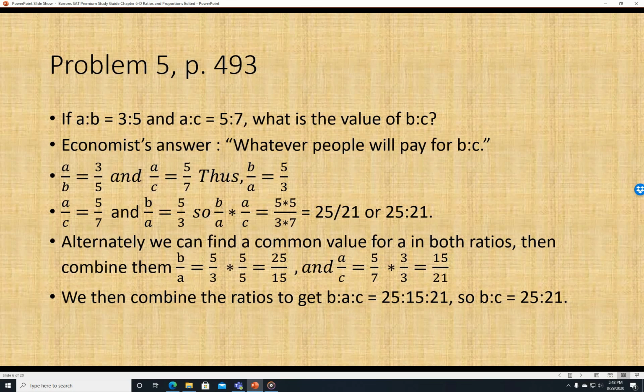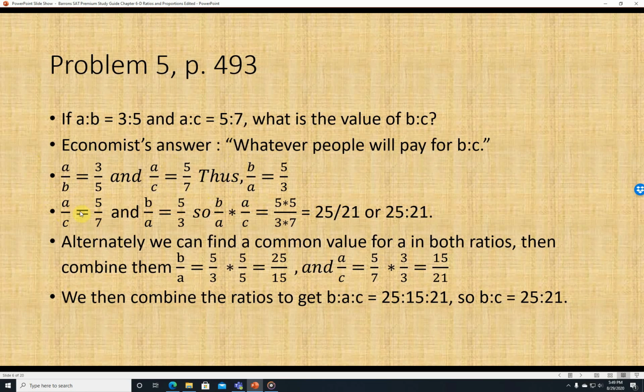Anyway, since we know the ratio of a to b is 3 to 5 and a to c is 5 to 7, we can quickly figure out that the ratio of b to a is 5 to 3. We just flip 3 to 5 over to get b to a. Then all you have to do is line them up like fractions: b over a times a over c. You can see these a's cancel out.